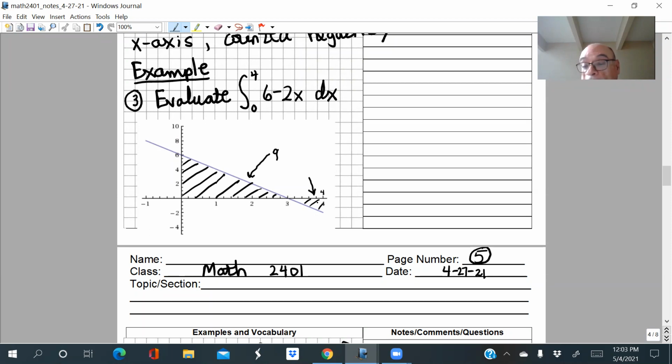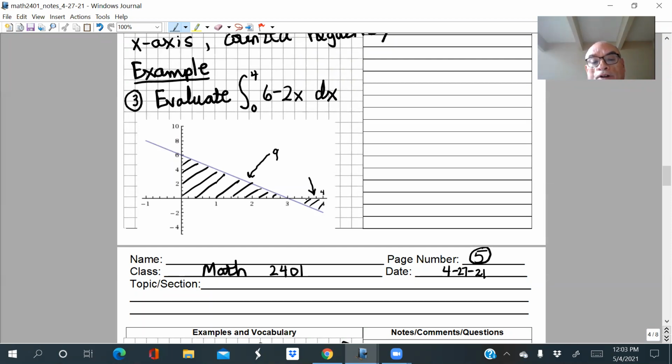Now, all right, so that all seems simple enough, but here's one other important catch, okay? In calculus, we're going to think of this area as being negative. So in geometry, you would not think of this area as being negative, right? Because in geometry, we don't really conceive of negative areas.